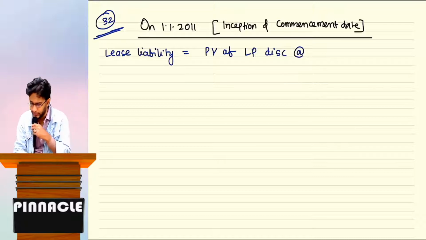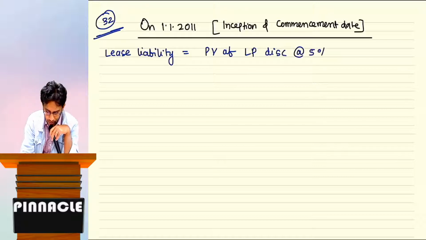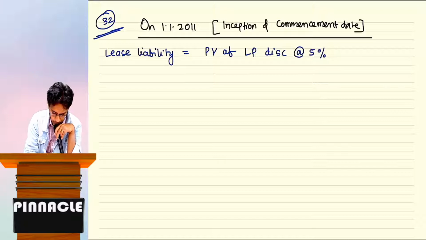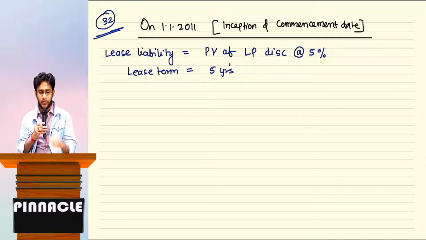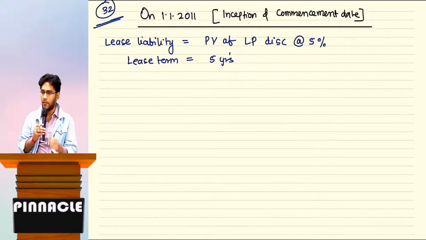What is the discounting rate? 5%. Lease term, 5 years, because that was your original assessment.